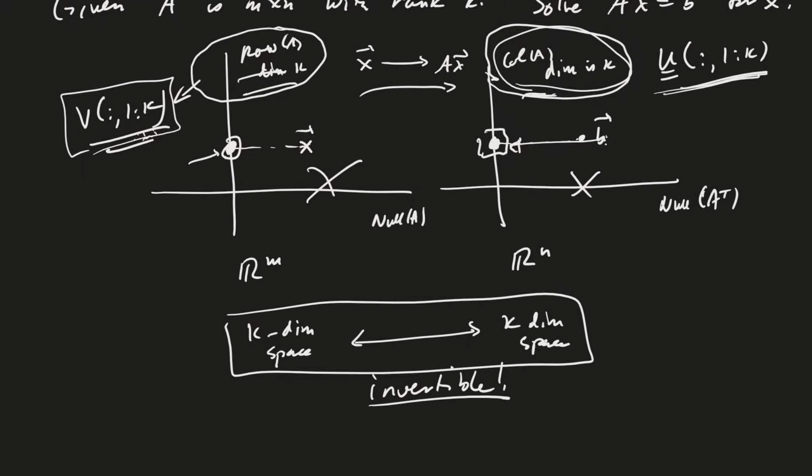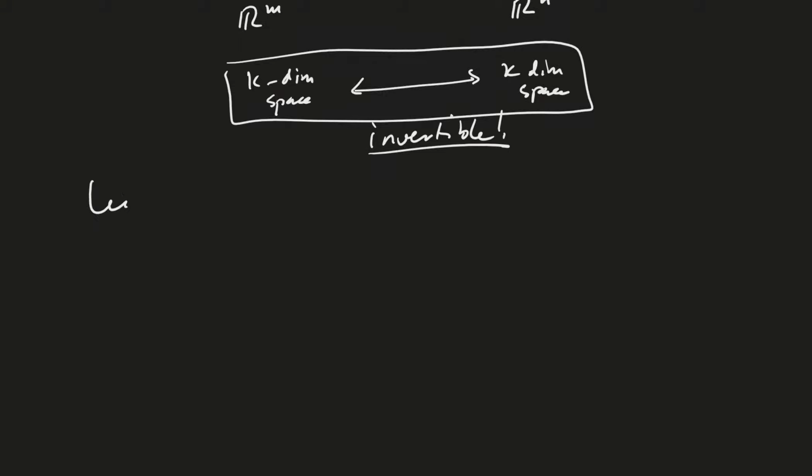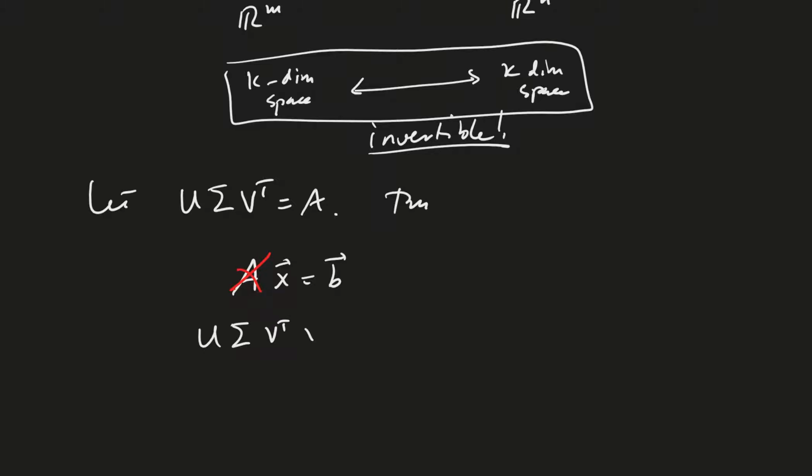Okay, so now suppose that I've got U sigma V transpose is the SVD of A. I'm kind of writing this in MATLAB notation there. In fact, I don't even have to write that. Let me just write A here. Then, if I have A times x equal b, then I can replace A by the SVD. Right? And now this is the full SVD here.